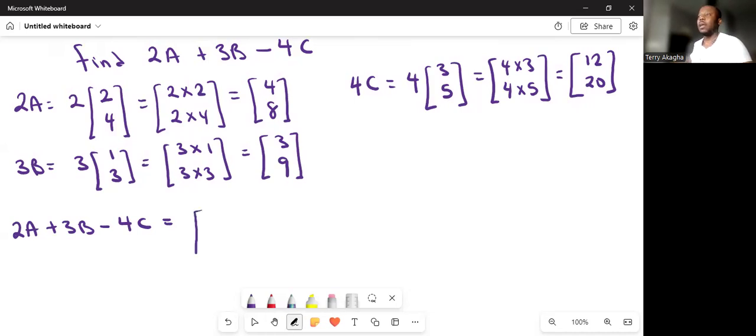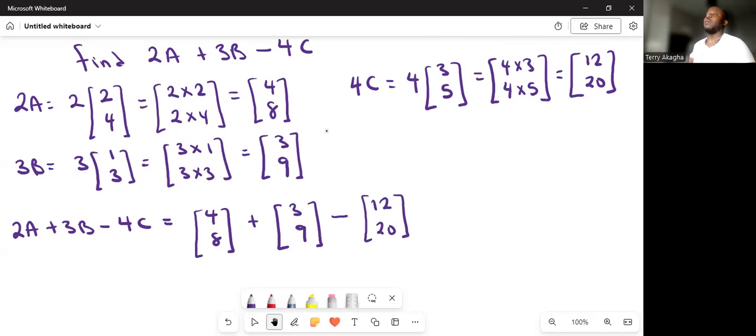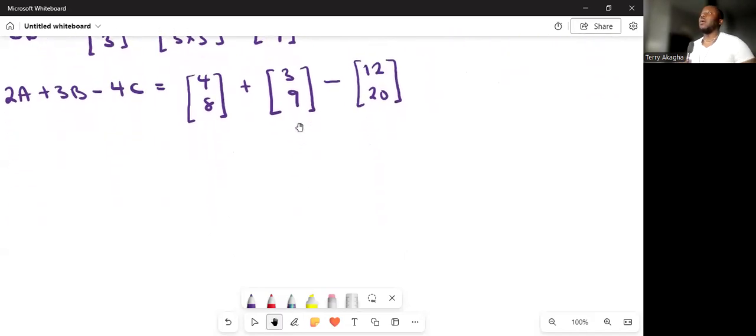So we know 2A is 4 and 8, plus 3B, which is 3 and 9, minus 4C, which is 12 and 20. All right. Then we can now play around.